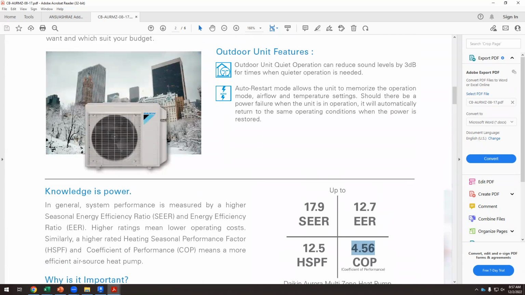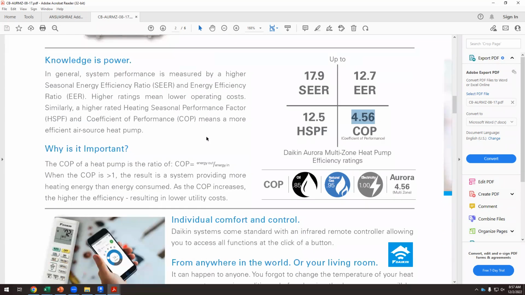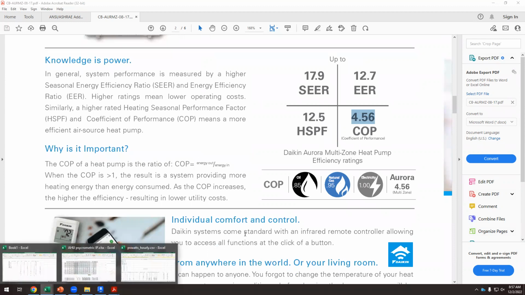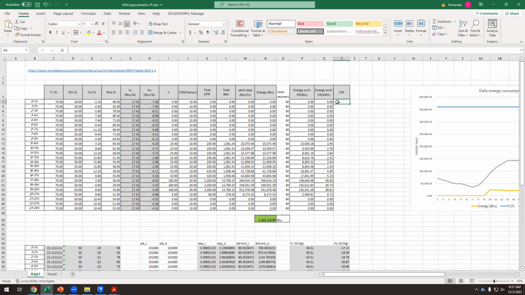But you have to show me that it comes from a catalog. Okay, so if you want to do research on different heat pumps and you find different COPs, that would be great. But so far, we're going to use this one, 4.56. Okay, so we have the same.